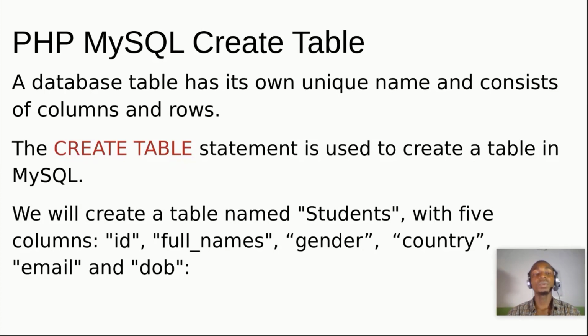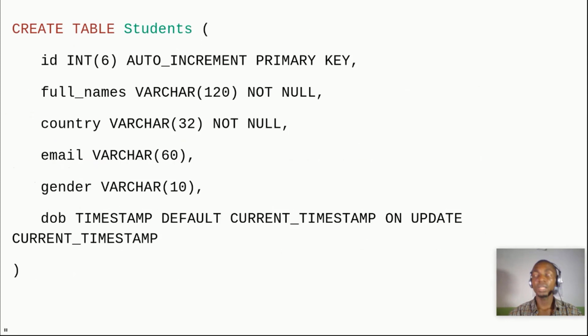To create a table, you use the create table keyword in SQL. So you pass in create table, then the table name. So we are going to create a table of this nature, and I want you to see the syntax, right? So create table, then the table name, I pass in students, and then I pass in the first columns.